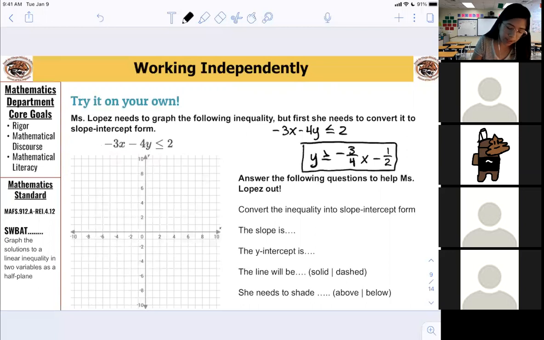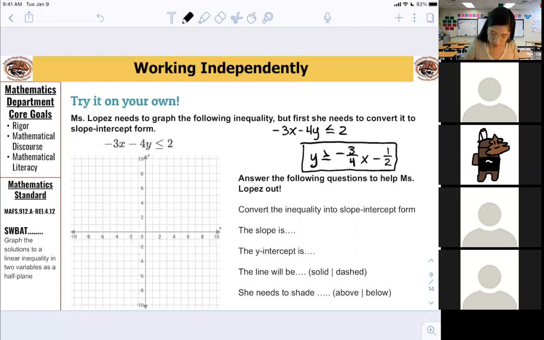Did anyone get something different and would like me to go through the steps? For the y-intercept, I got negative 2 over 4. Oh, well, what's negative 2 over 4 simplified? 1/2. There you go. So that was just Juan simplifying it, and that was all he had to do.